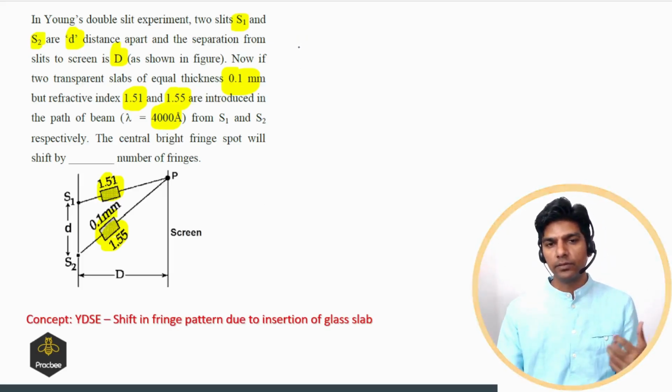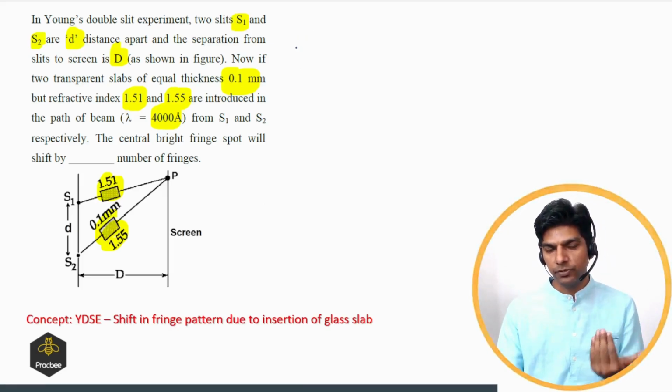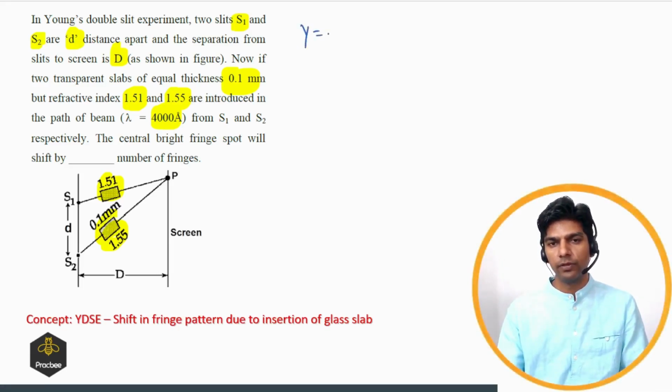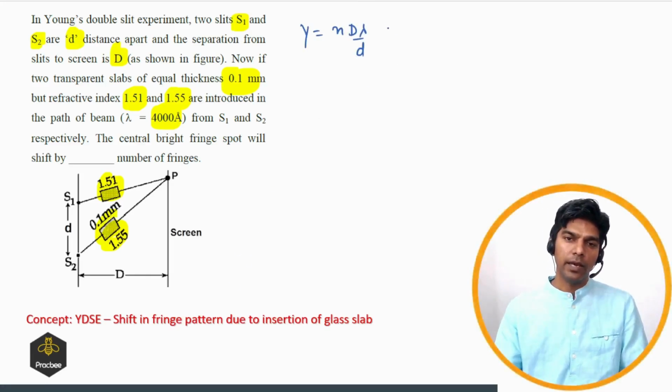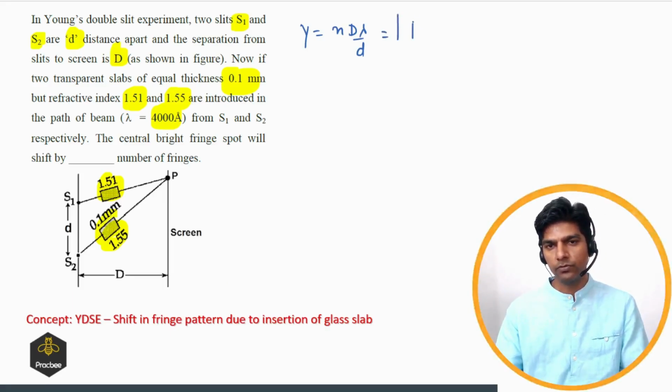Let us say the central bright spot has shifted by n number of fringes, so the shift will be n times D lambda by small d, and we know that in case of two slits the shift is given as modulus of mu1 minus 1 times t1 minus mu2 minus 1 times t2, times capital D by small d.